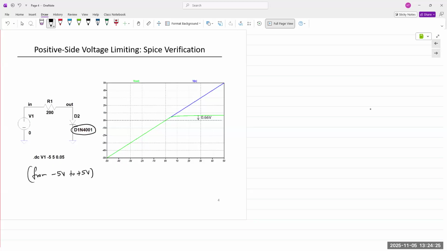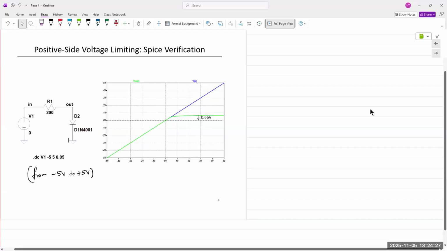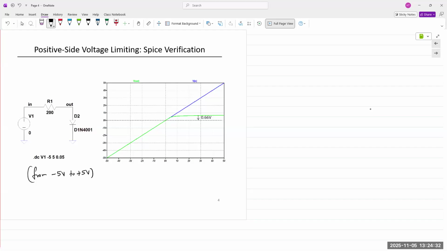So we create the circuit and measure V out across the diode. You can see V in can go from -5 to +5 volts, but V out takes a bend and remains constant at the diode voltage drop. There will be a slight curve because this is not an exact model.